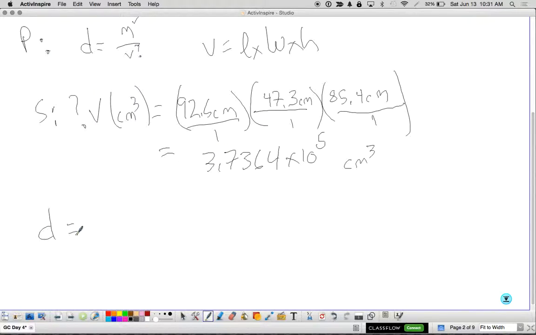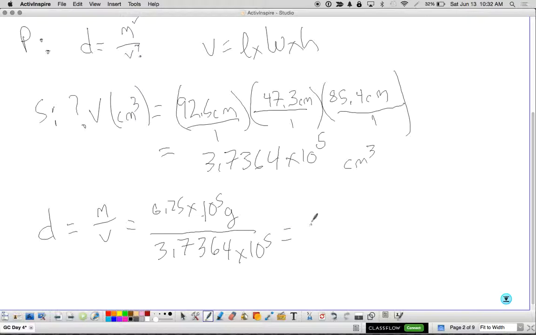Density equals mass over volume, and I've solved for both now, so I can plug in my 6.25 times 10 to the 5th grams over 3.7364 times 10 to the 5th, and I get 1.67 grams per centimeter cubed.